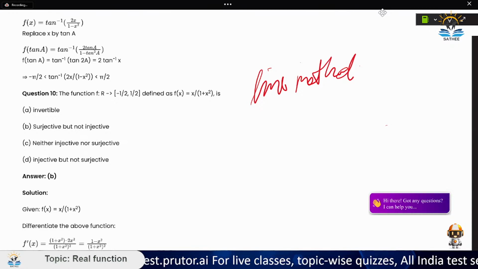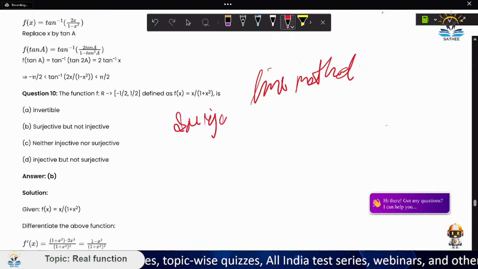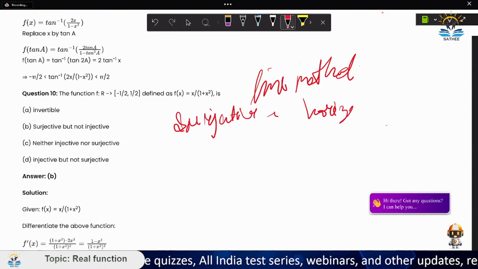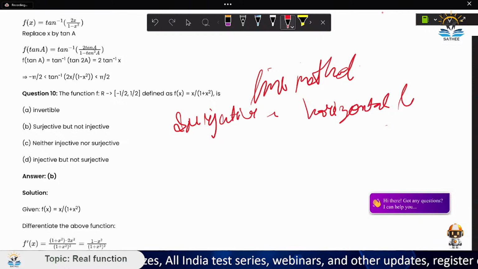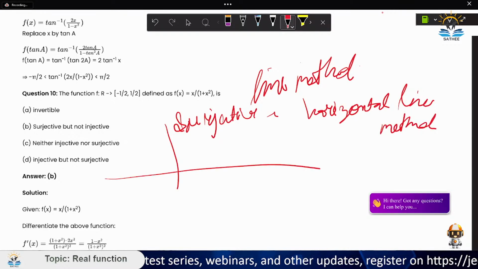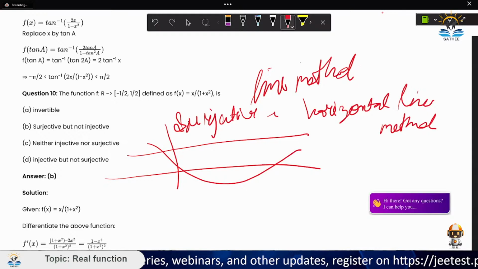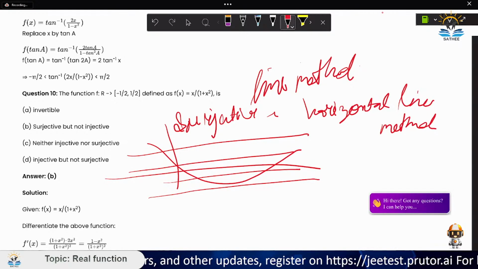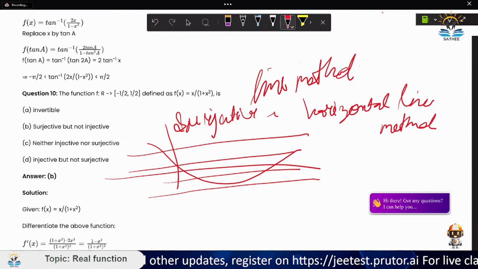For surjective, we have the horizontal line method. That is, if this is the graph, you have to draw a line, and if it passes through more than 2 points, then the function is non-surjective.